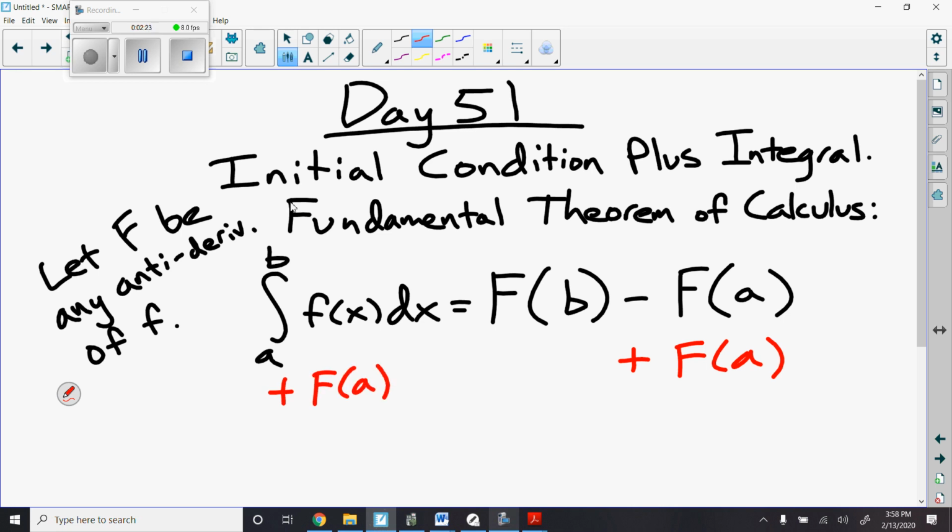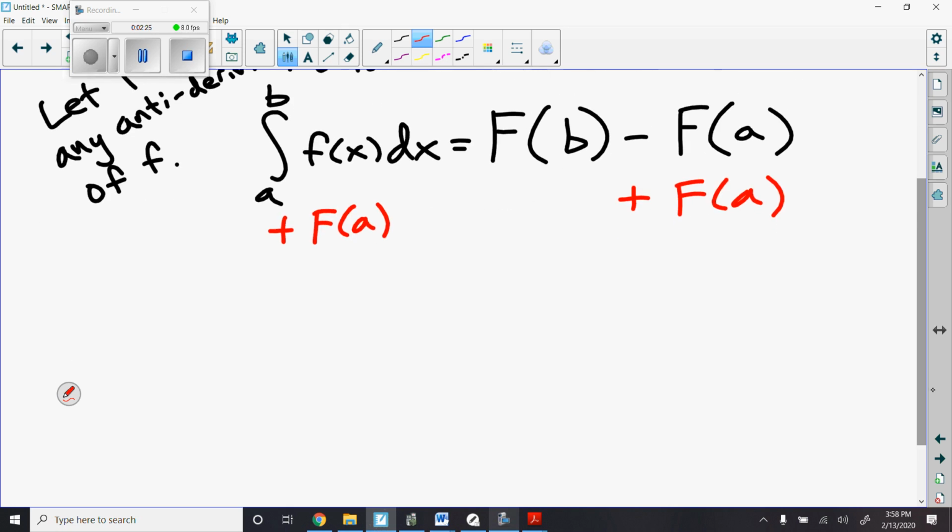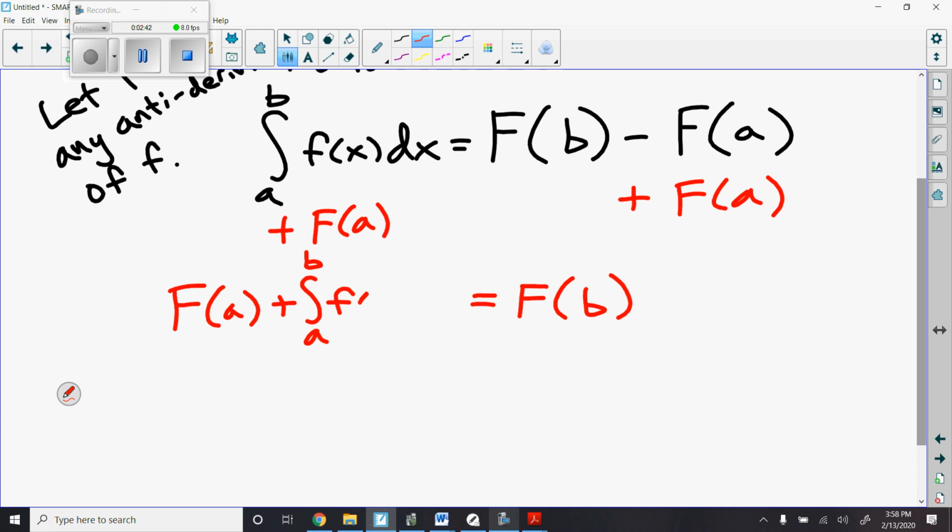And what we get when we do that then is we get F of B to be by itself, and over here we have capital F of A plus the integral from A to B of f of x dx.